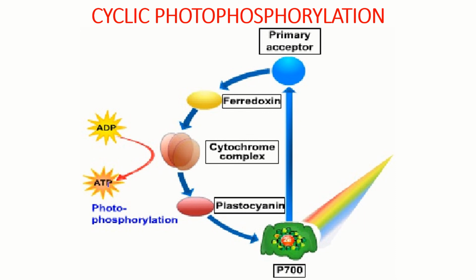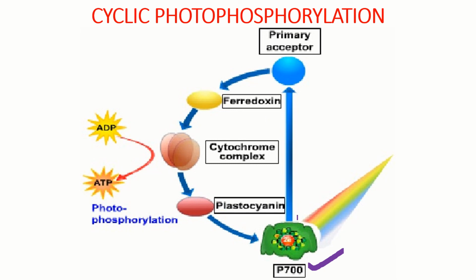But remember, here water is not split, protons are not released, NADPH plus H plus is not produced, oxygen is not released, and it is involving only photosystem 1, P700. It does not involve photosystem 2, and you can see the components here very clearly: primary acceptor, ferredoxin, cytochrome complex, plastocyanin, etc., and the electron is just reaching back.